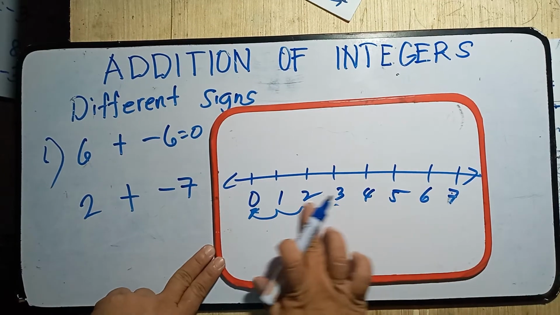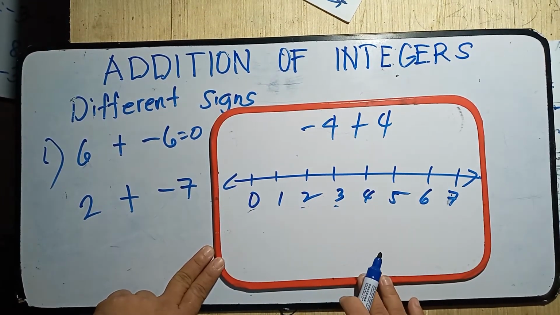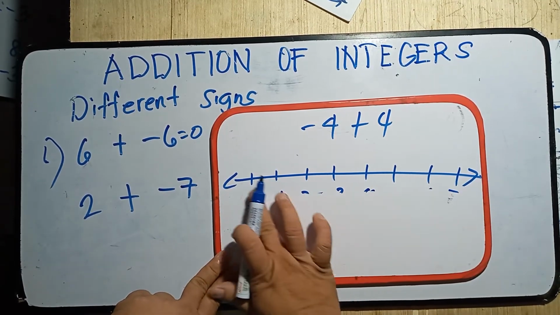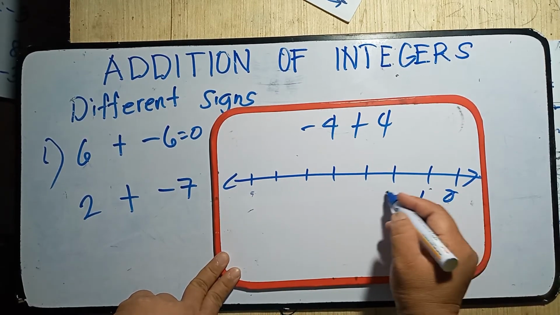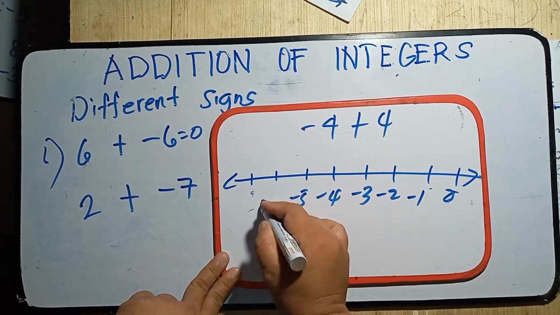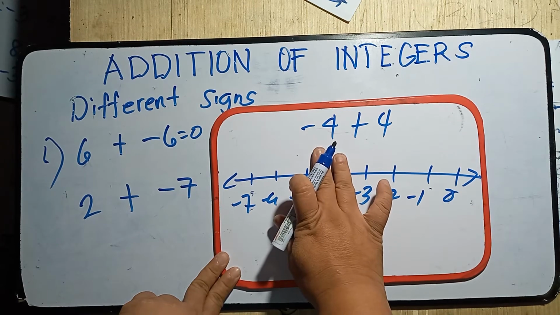Okay, what about negative 4 plus 4? So, we start with negative 4. Okay, so starts with negative 4.